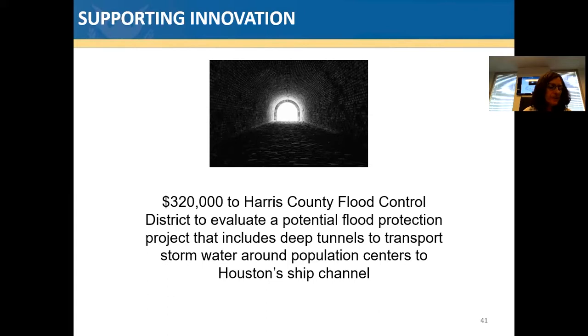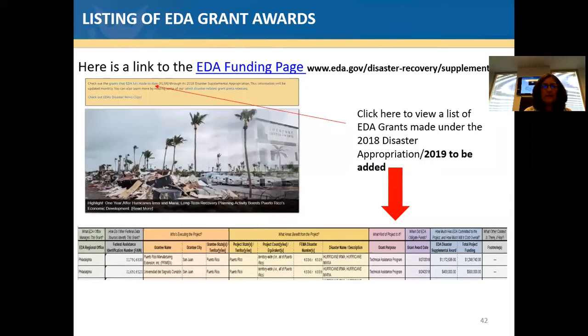Obviously, if their feasibility is successful, they might want to come back to EDA or to other sources of funders to actually fund this project. But I think, as we discussed, when we're talking about resilience, we're talking about innovation. We might not have all the answers yet because it involves doing things in some cases differently than we've done before. So the idea of doing a feasibility study or a pilot study to test a practice or test a concept could be very worthwhile as we get deeper into the field of resilience.